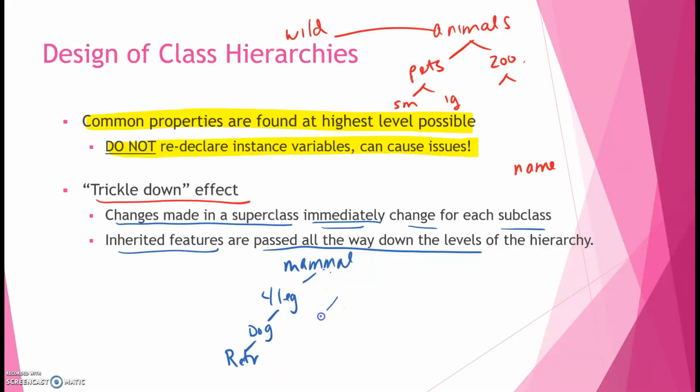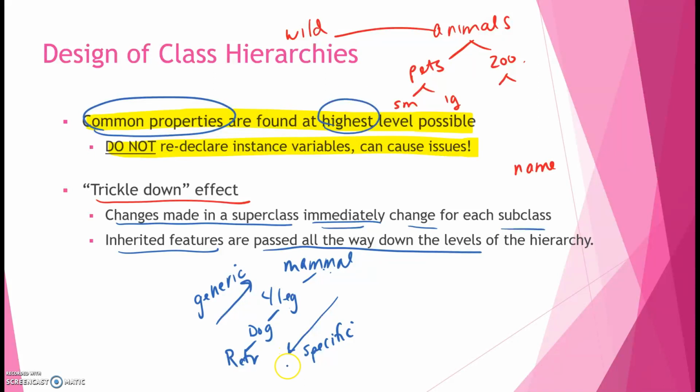So as we go down, we become more specific, and as we go up, we become more generic. And you want to be able to put common properties as high up as possible. By doing so, you can have the code that you write affect as many classes as possible at a high level, meaning that you have to write it in fewer places.